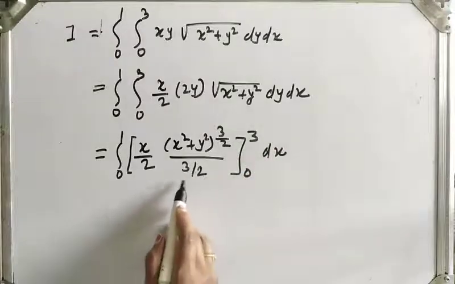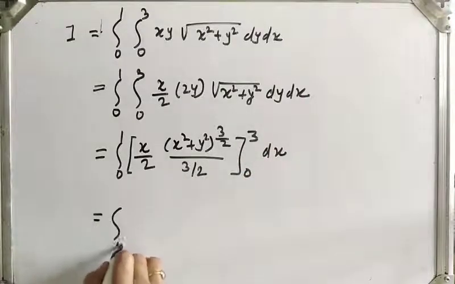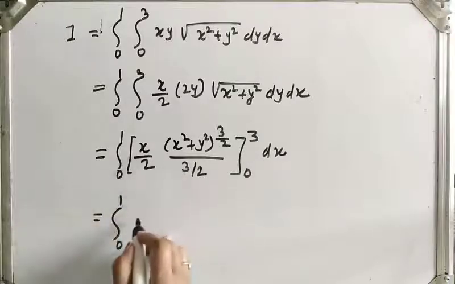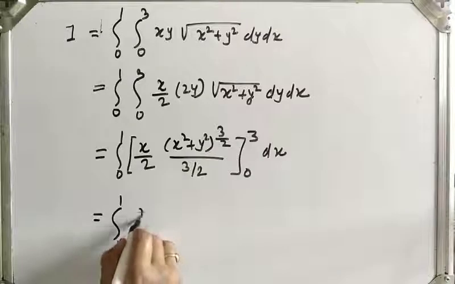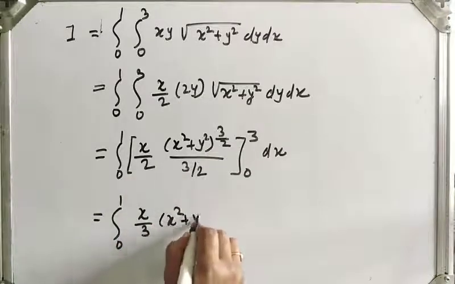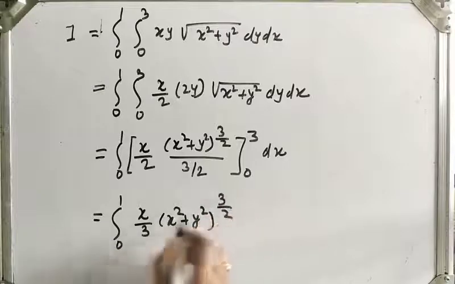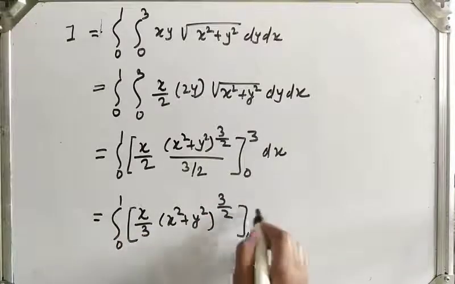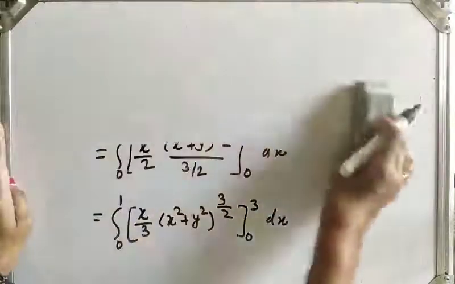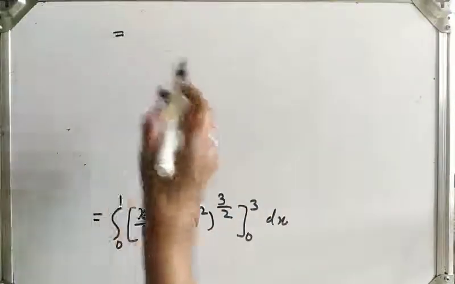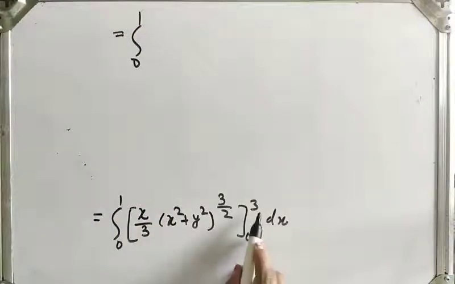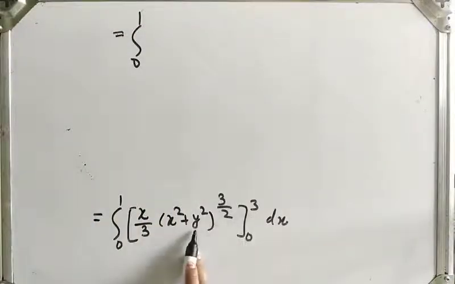Now let us simplify it, which is equal to the integral 0 to 1, this 2 will get cancelled, x upon 3, then x square plus y square raised to 3 by 2 with limits 0 to 3, dx. Now let us apply limits. Upper limit is 3, in place of y put 3.